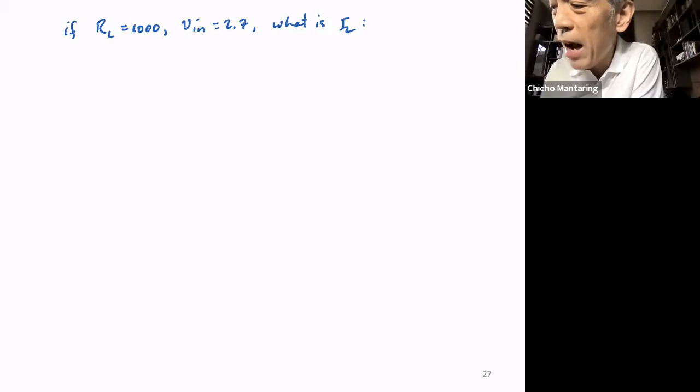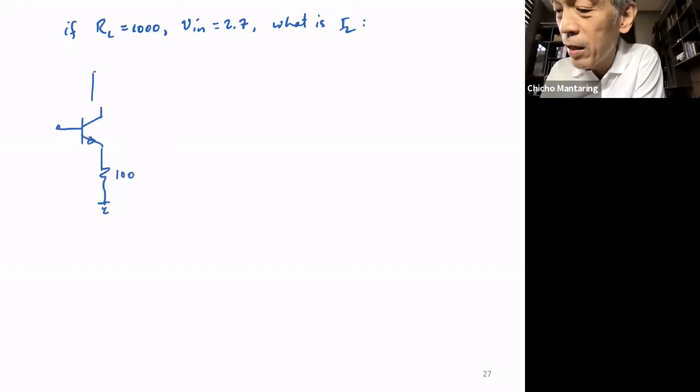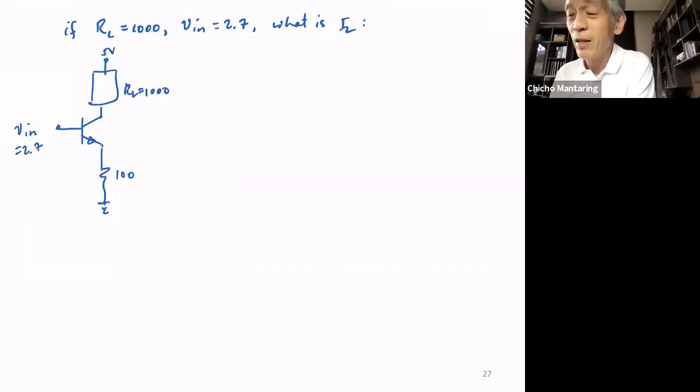So how do I compute for IL? What is this? This is 100. This is 1,000. And this is 5 volts. This is Vin, which is equal to 2.7. Anyone? What is going to be the value of IL?